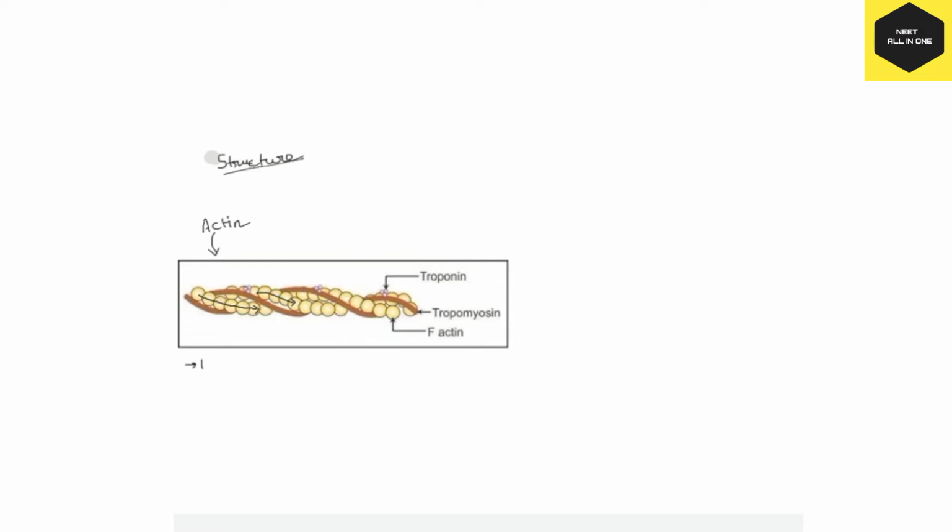So I'm writing this: helically wound to each other. They are two in number. What are these two? F or filamentous actins.